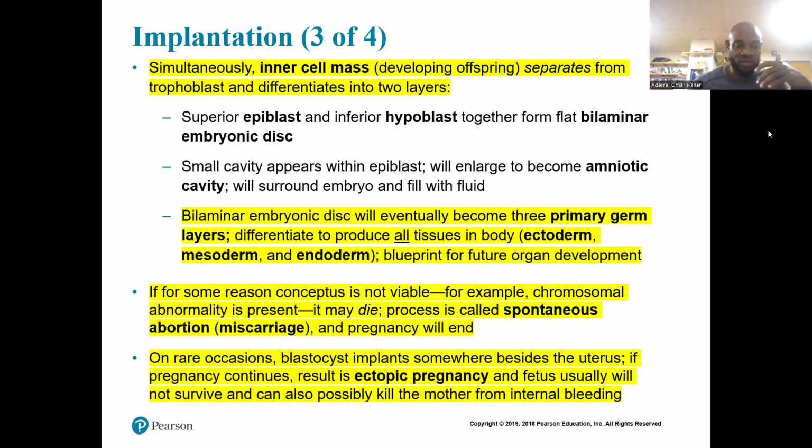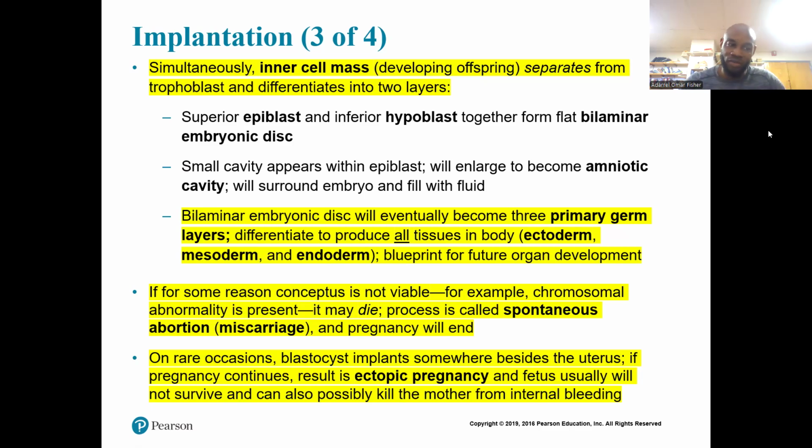Think of the baby developing in the tube, for instance, where it's not supposed to develop, causing internal bleeding as it grows and breaks open that fallopian tube, or somewhere else where it's not supposed to be developing. That internal bleeding could cause mother and child to perish, unfortunately.